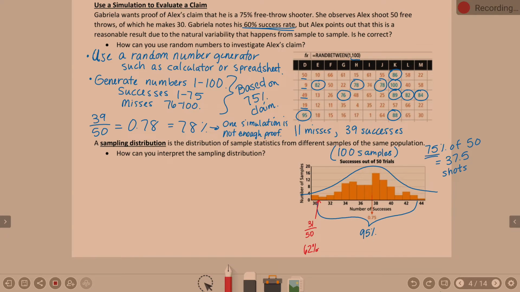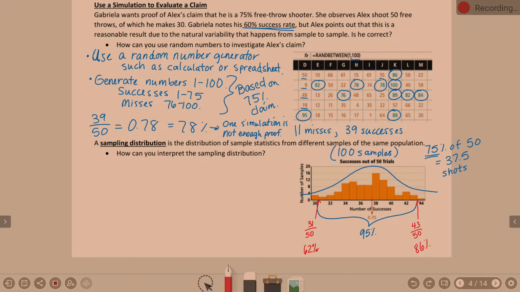What about the other end? It's in between 43 and 44, right? So that is 43 out of 50 shots, which is 86%.